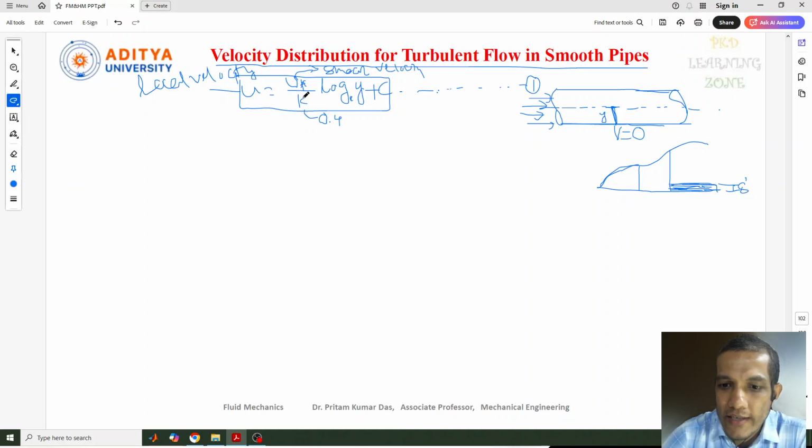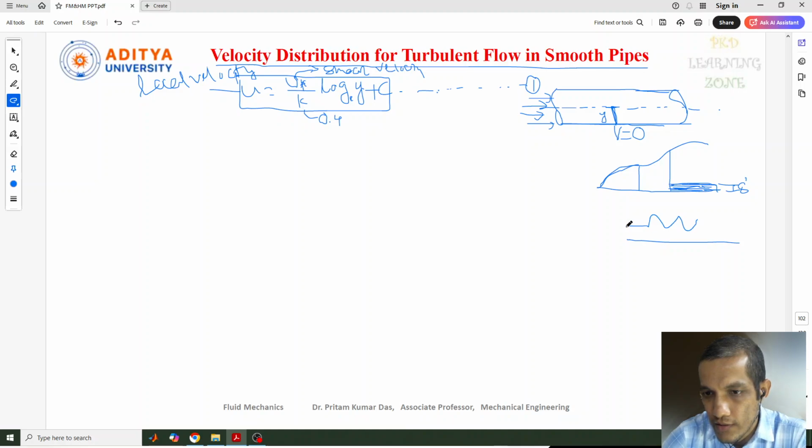And k is the height of roughness, the height of the irregularities on the surface. Anyway, these are constant values.